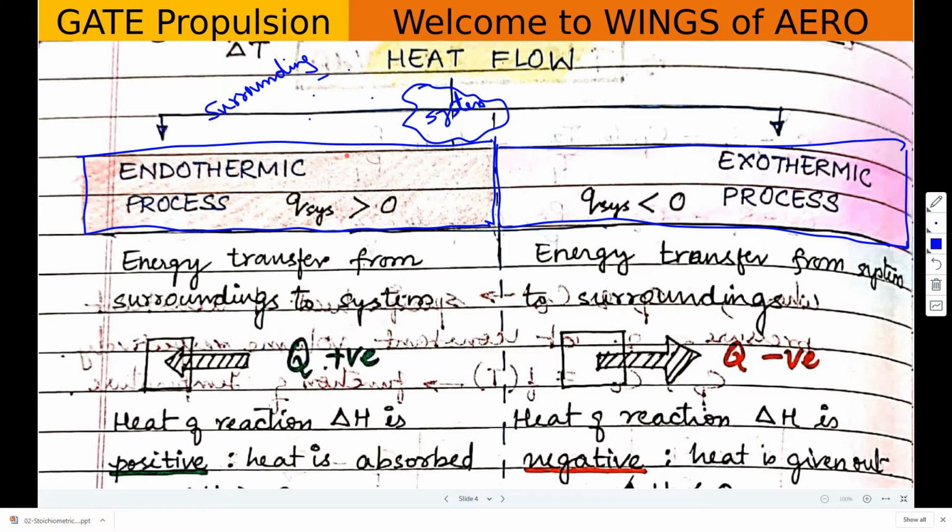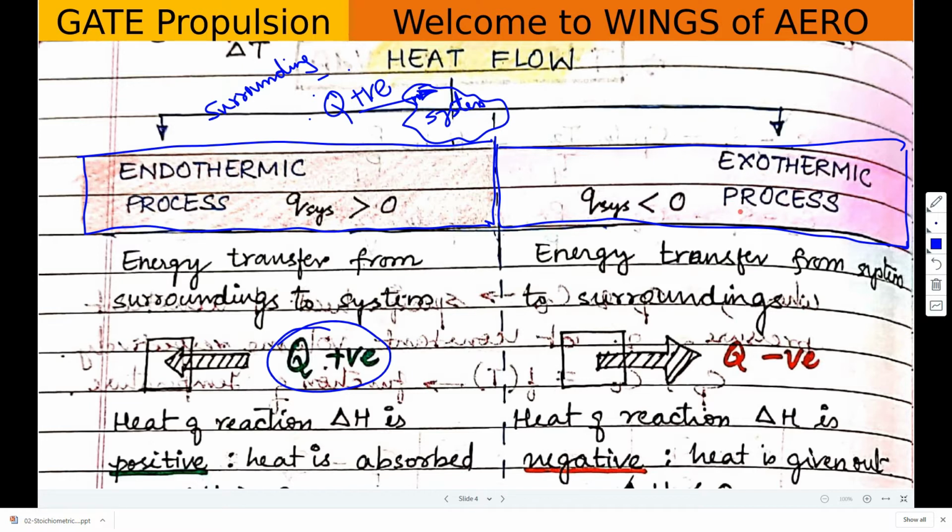When the energy transfers from the surrounding to the system, entering into the system, we will always have positive heat transfer. That is what it explains, so we say it undergoes an endothermic process.